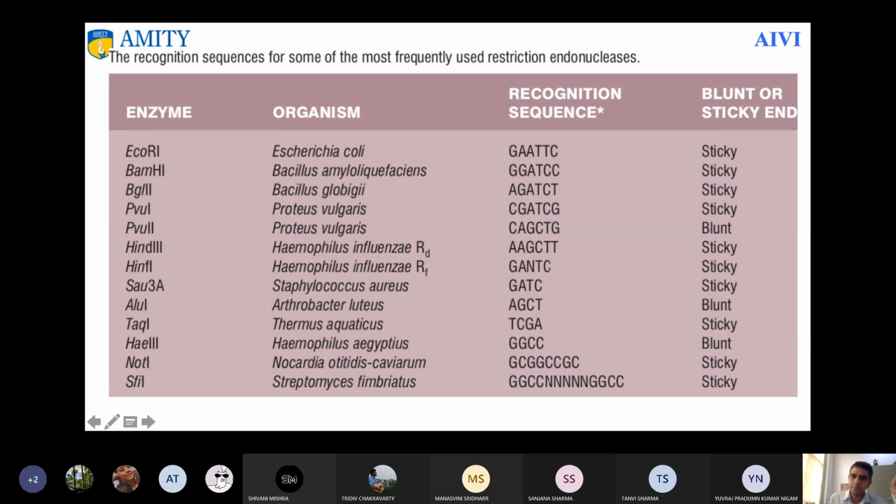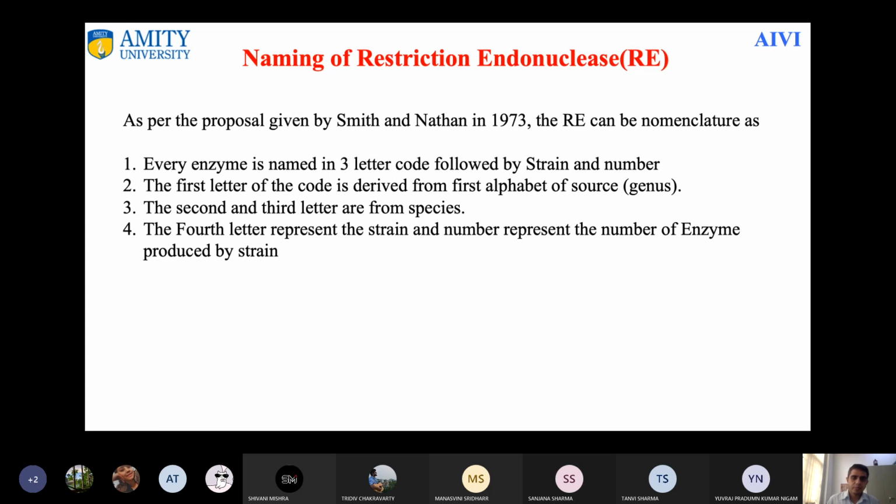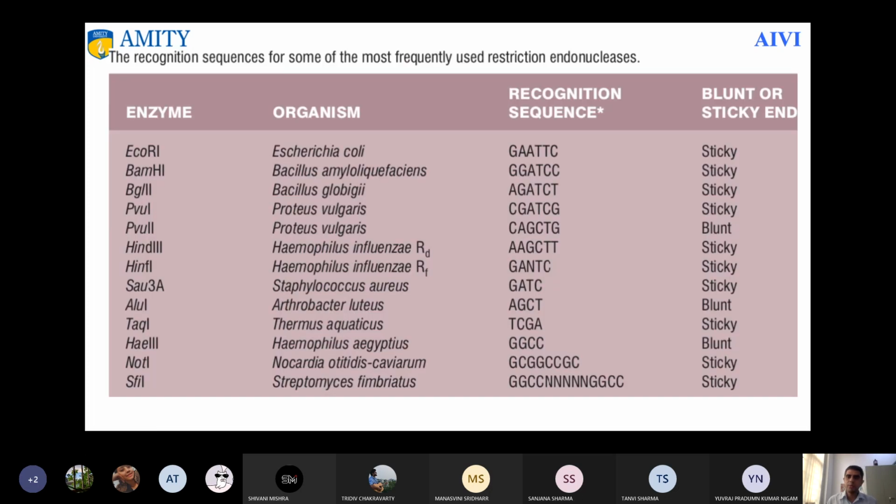So recognition is for GGCC and GGCC, and five random nucleotides may be present between them, surrounded by GGCC. Then SfiI is going to recognize it and produce a sticky end. Okay. So these were some properties of it.